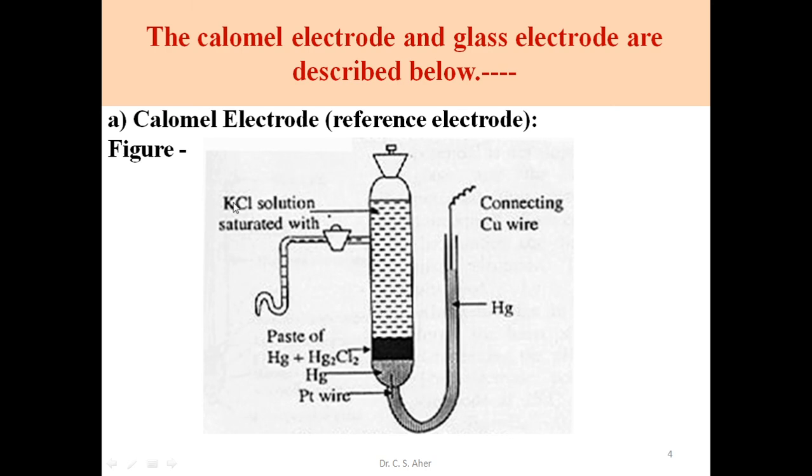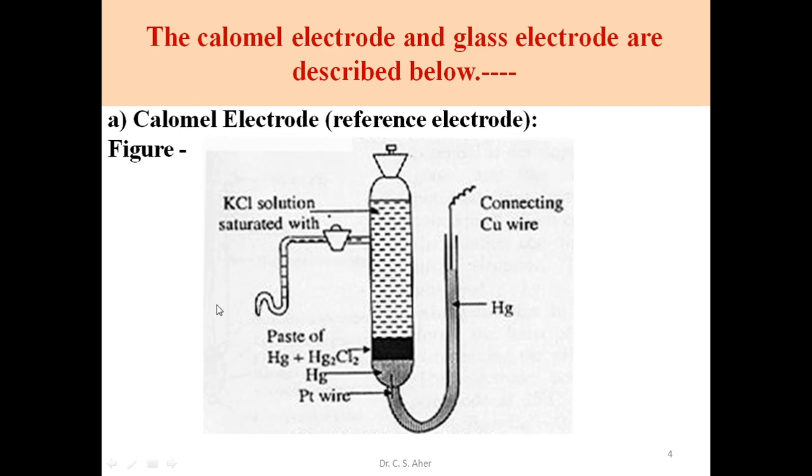Above this we have a solution. What is this solution? It is a saturated KCl solution. We know the meaning of saturated solution: we add more KCl to make a saturated solution. We have this side arm for connection with another electrode in a salt bridge. The copper wire is used to measure the EMF, for connection with the instrument, that is the potentiometer.